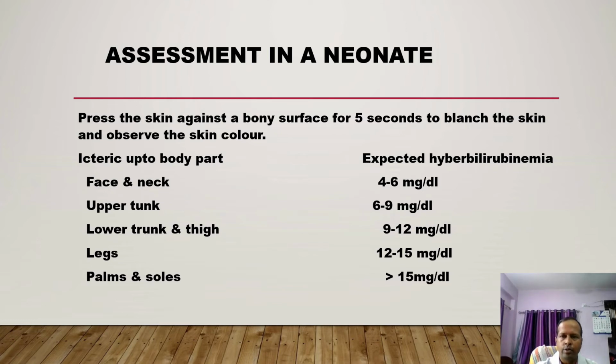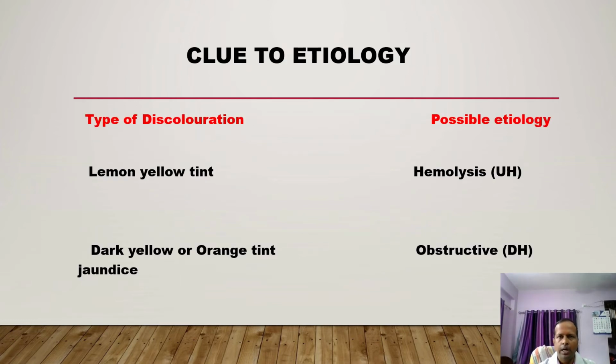for providing phototherapy. And what is the clue to etiology for jaundice? If the discoloration is lemon yellow tint, the possible etiology is hemolysis, which points towards unconjugated hyperbilirubinemia.